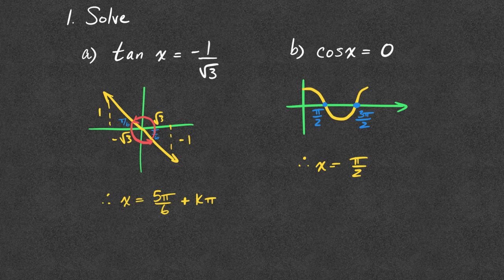Pi by 2 and 3 pi by 2 are pi units apart, and my curve, if I were to continue it, would hit 0 another pi units from that. And so I could now have a condensed statement of pi by 2 plus k pi with the same restriction on k. As long as k is an integer, I will always hit a 0 at those x values.